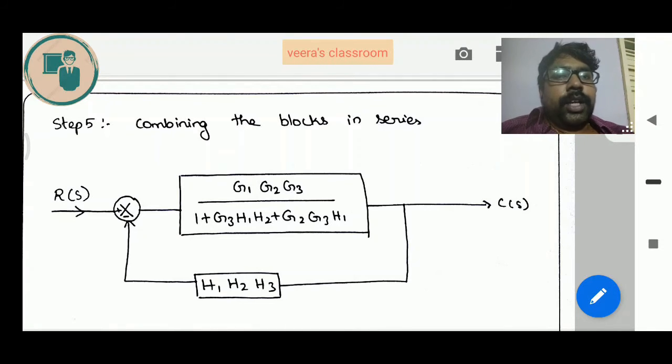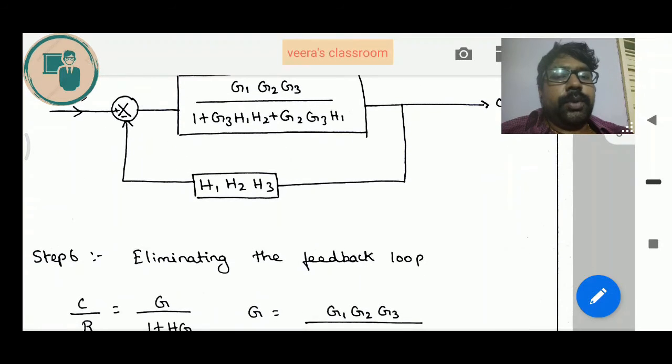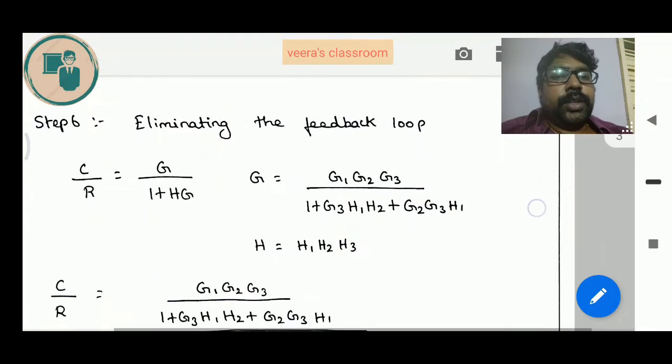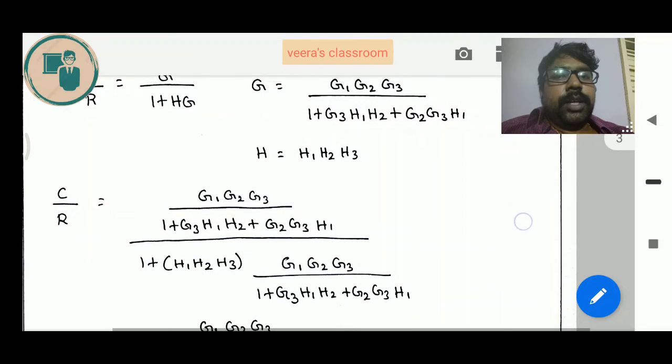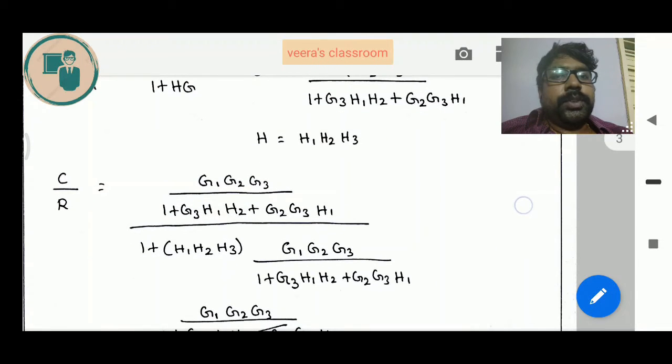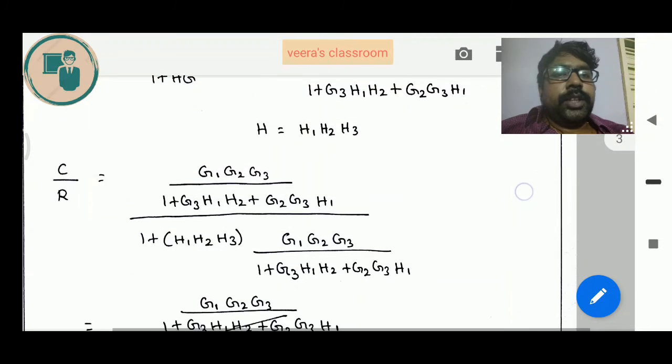So here also it is negative feedback. The formula is C by R equals G by 1 plus GH. So we are substituting all those values. C by R equals G1 G2 G3 divided by 1 plus G3 H1 H2 plus G2 G3 H1, whole divided by 1 plus H1 H2 H3 into G1 G2 G3 divided by 1 plus G3 H1 H2 plus G2 G3 H1.